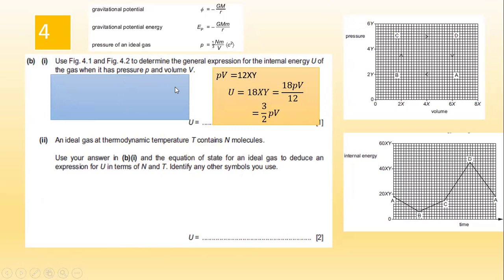This one they didn't ask you to use a formula. You are supposed to use the two graphs to get your answer. And if you were supposed to use a formula, this is the formula for how you get it. Internal energy is the total kinetic energy for an ideal gas.